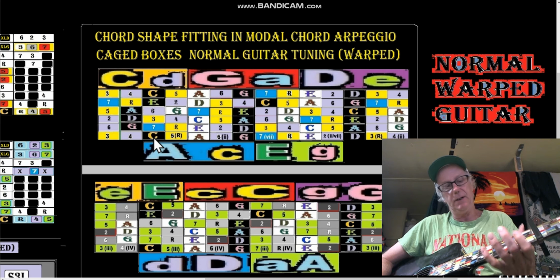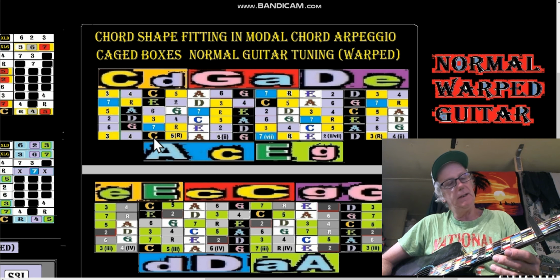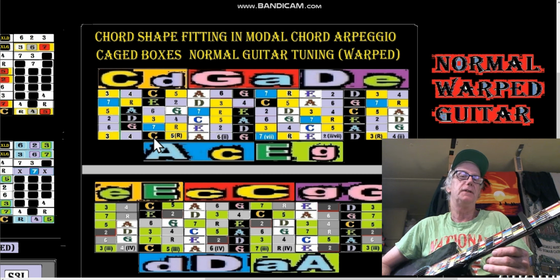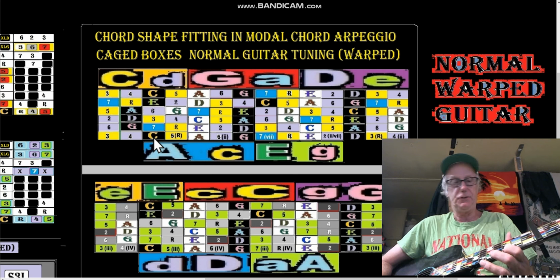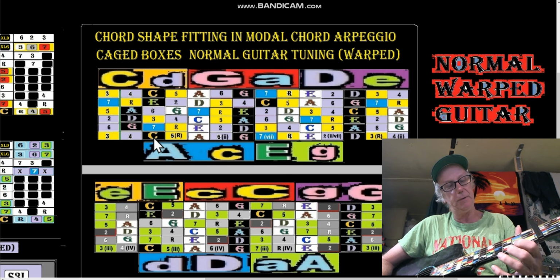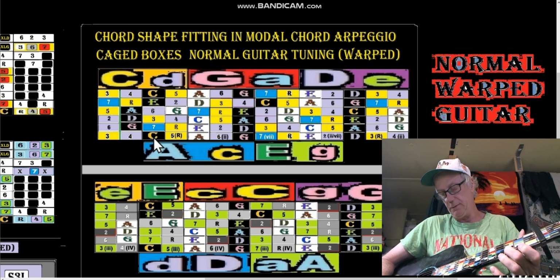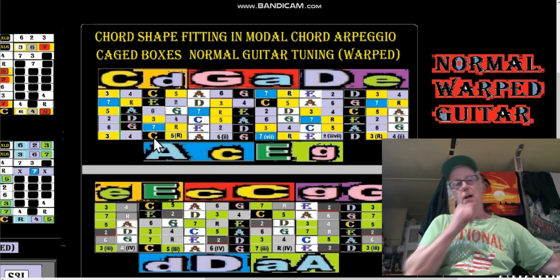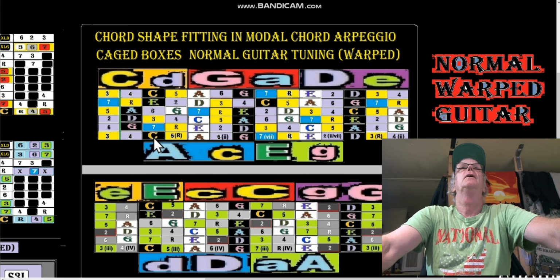And going the other direction, from B, the 5th of B is an F sharp, but we augment it to get to the G string. So you see that everywhere in the guitar theory.